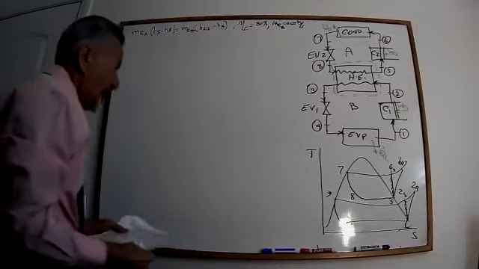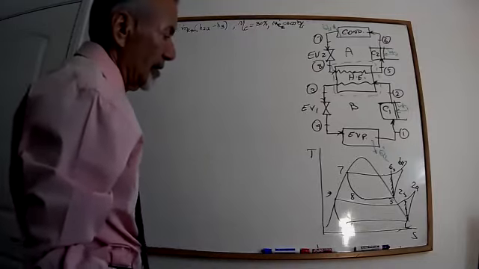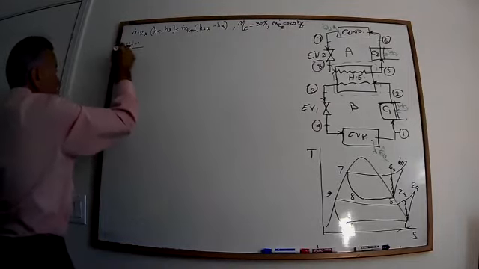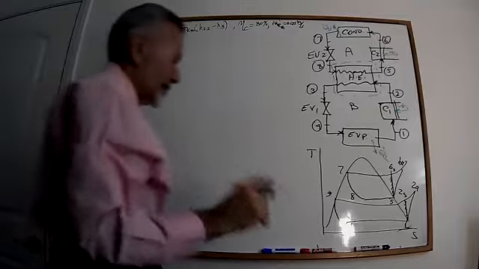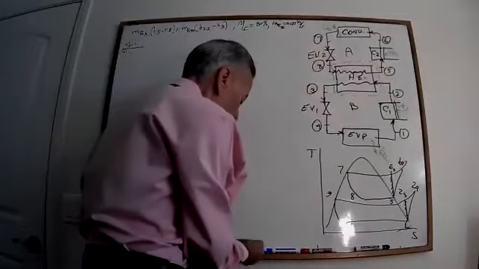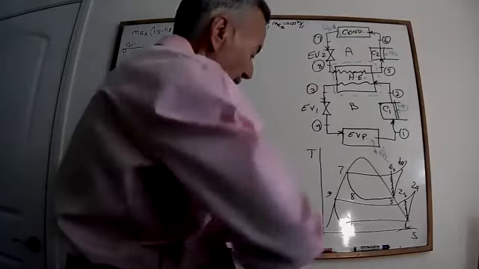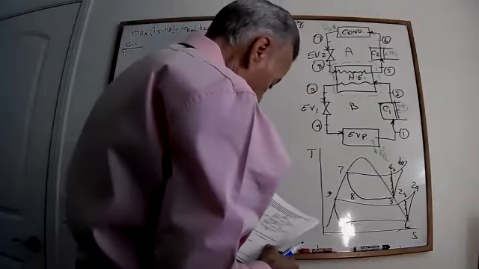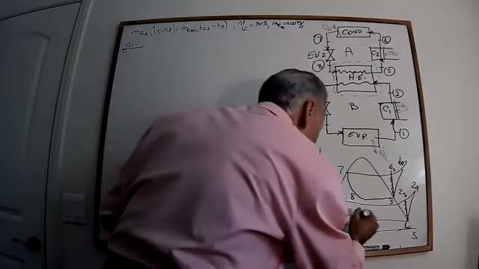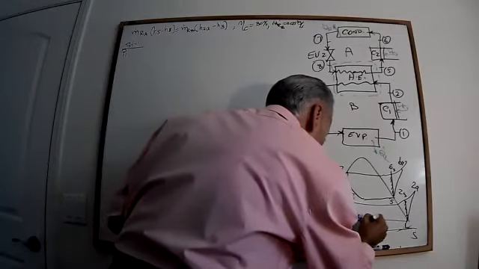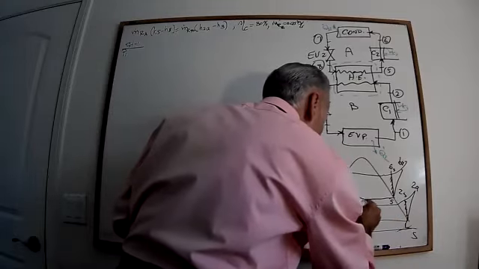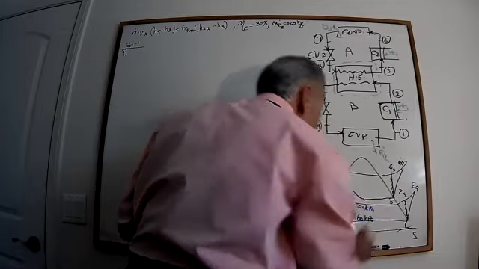Now this is a very simple and straightforward problem. When we start at state 1, we have P1. That's another thing. The pressure at 1 is given as 160 kilopascal. 2 is 500 kilopascal.